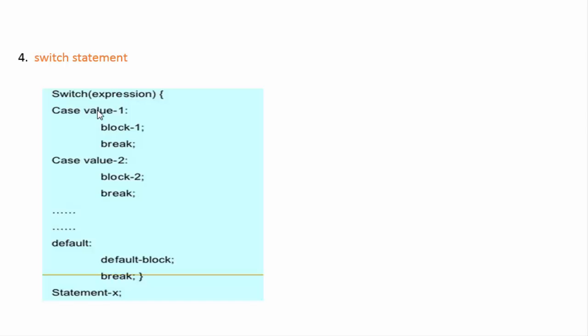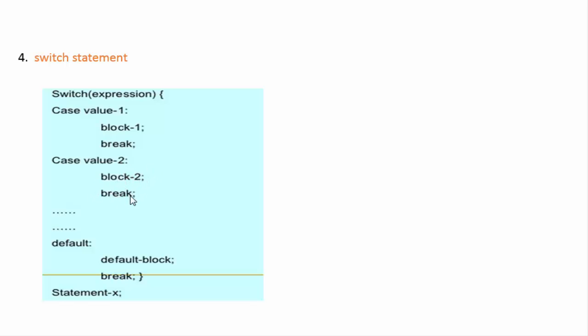Similarly, these case values, which are also called the case labels, should also be either integer or char values. This expression is then compared with each of the case labels, and the case label that matches the expression, suppose value 2 matches the expression, then the corresponding block, that is block 2, will be executed.